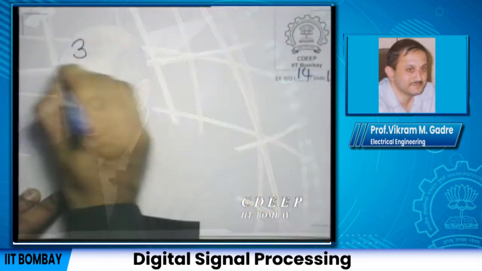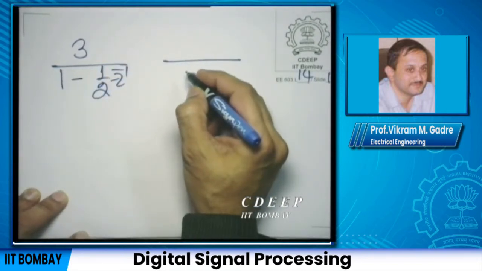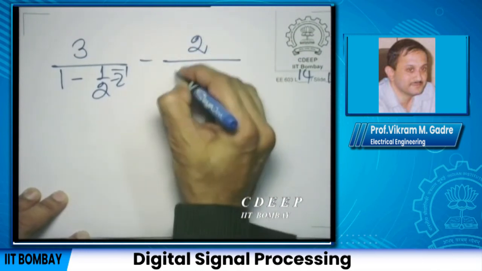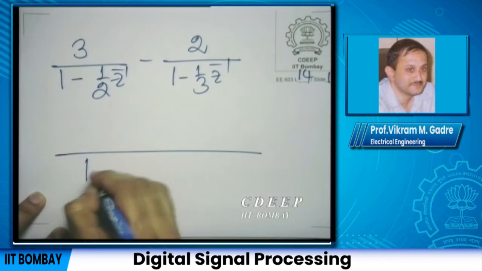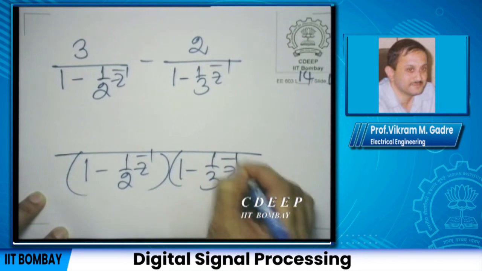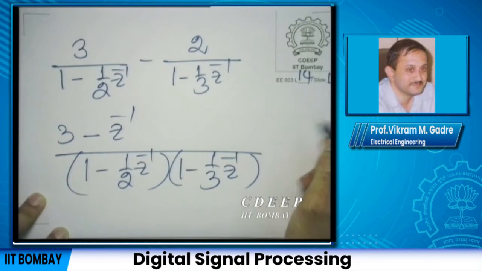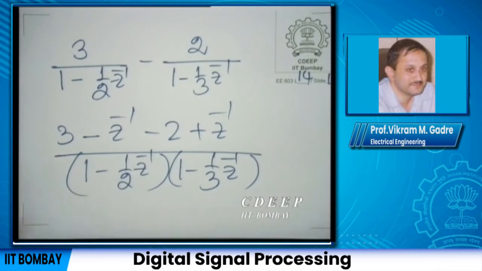So, 3 by 1 minus half z inverse, and 1 minus 3 by 2, that is minus half. So, minus 2 by 1 minus 1/3 z inverse. This is very easy to combine. So, 3 minus z inverse minus 2 plus z inverse. And that indeed gives you back 1 by exactly the y z that we had.